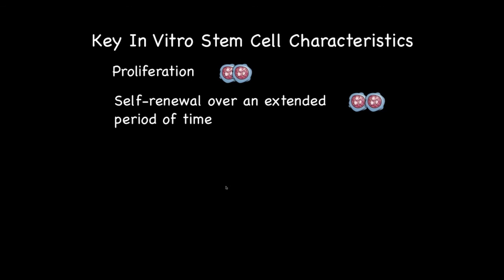It can divide symmetrically, where it makes two stem cells. The one thing it will not do, though, is divide and make two non-stem cells, because if it does that, it's actually not exhibiting this key feature of a stem cell, which is self-renewal over an extended period of time.